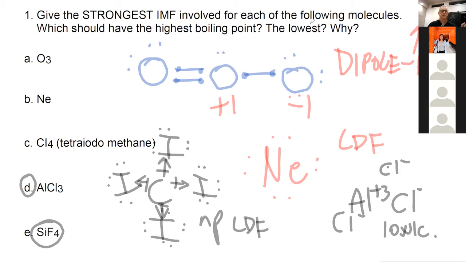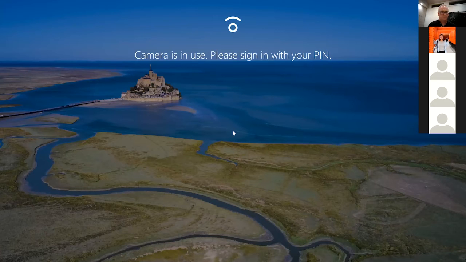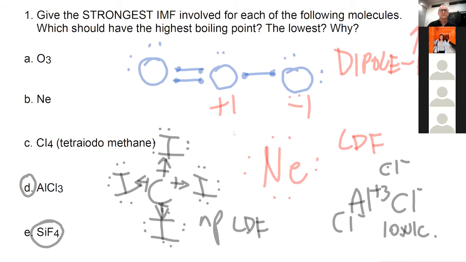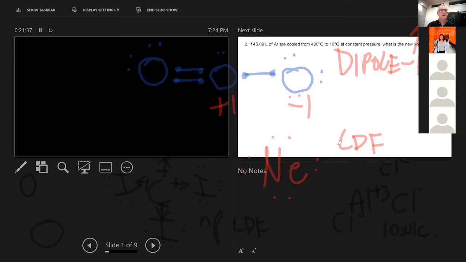Oh dear. What happened? Everyone still there? Yep, we're here. Weird. If I tap just one part of the screen wrong, it basically shuts my computer off.